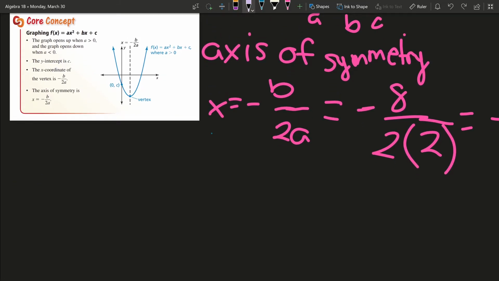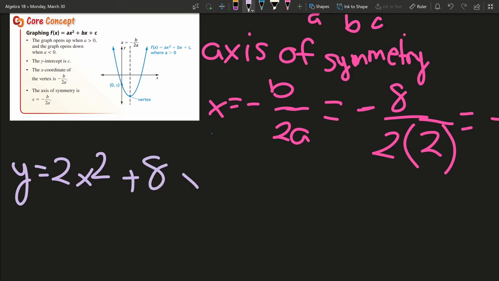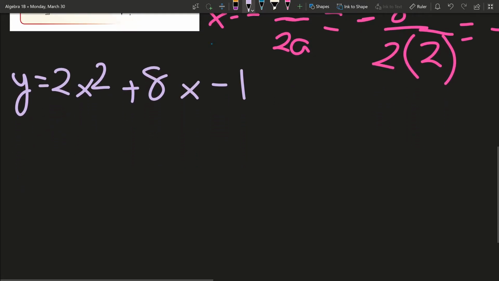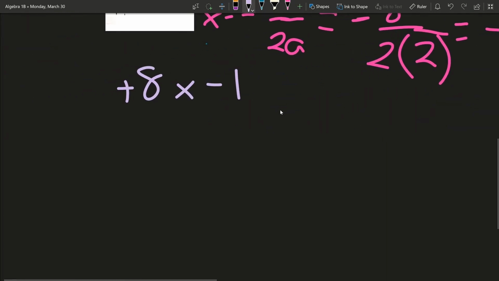Wherever you see x, we're going to replace it with -2.